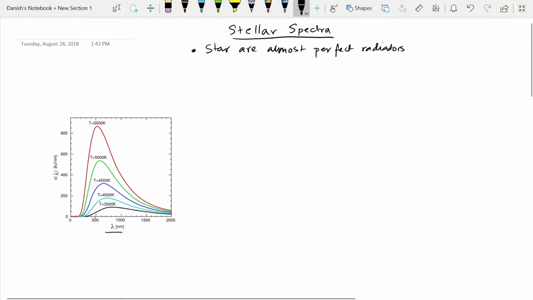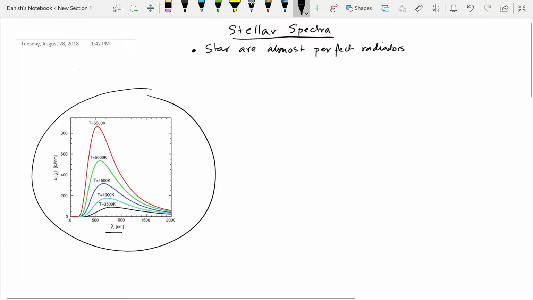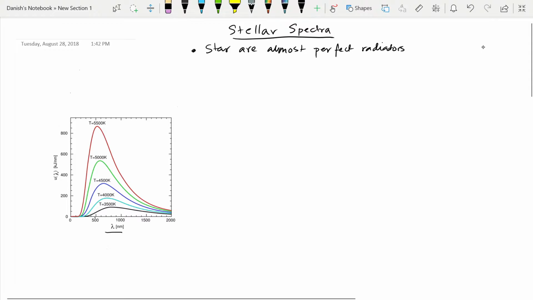So what this means is that if we have a look here at our spectral diagram for a black body, stars will behave almost exactly like a black body. So all of these curves that are present here will apply for a star also, just like they apply for a black body.